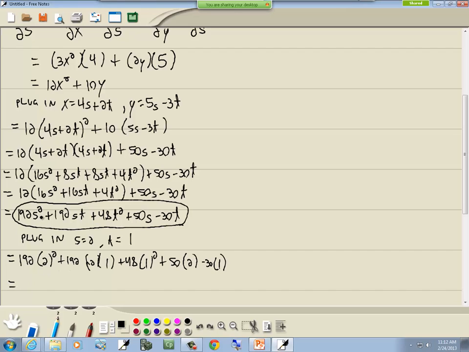Let me double check that. s is 2, t is 1. 192 times 4, plus 192 times 2, plus 48, plus 100, minus 30. Okay, 192 times 4 plus 192 times 2 plus 48 plus 100 minus 30. 1270.